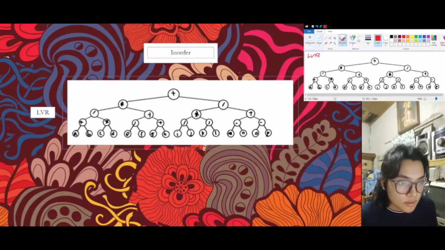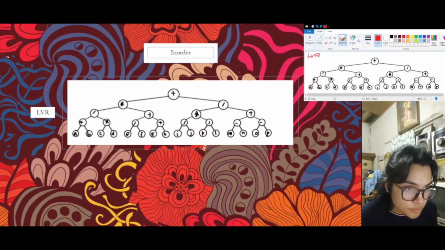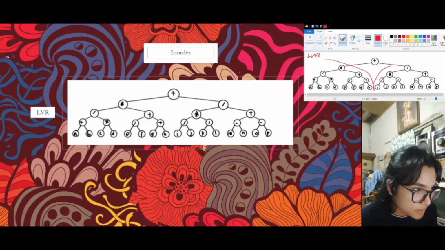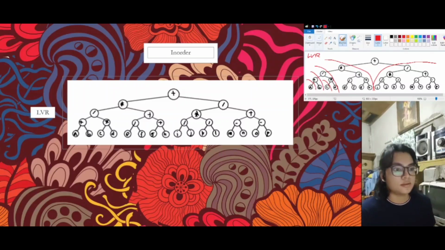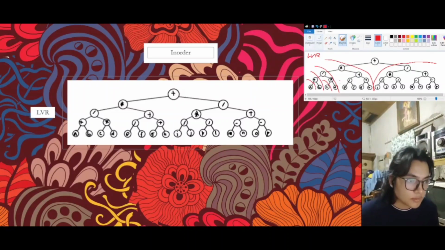We're just going to start here at the leftmost. Since this is divided into LVR, it is going to be divided like that.